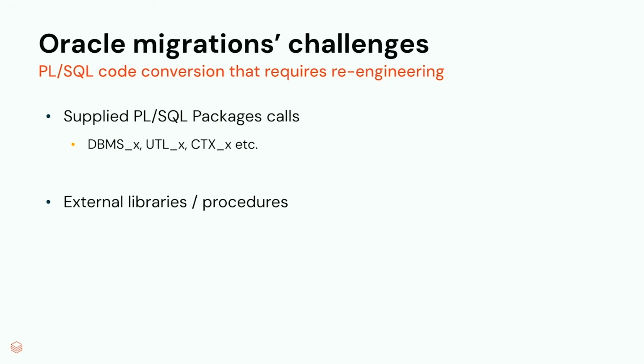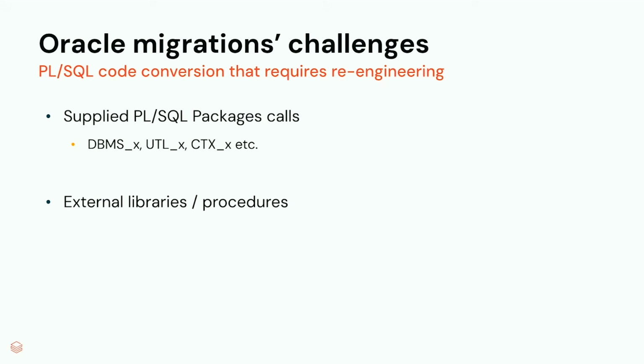And the final one is the external libraries. The thing I mentioned at the beginning of this presentation: in Oracle, you can write your routines using C or C++ language and put them into external libraries. On Windows, they will live in DLL files, or on Linux in .so files and so on.